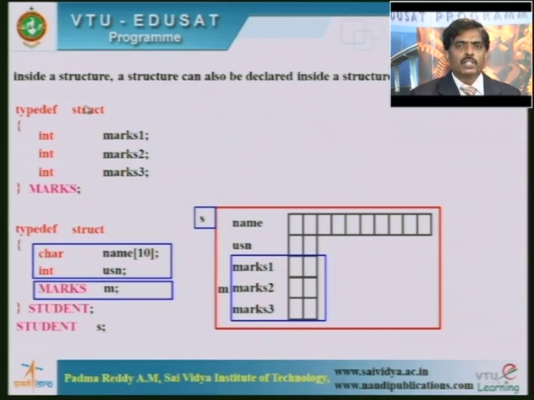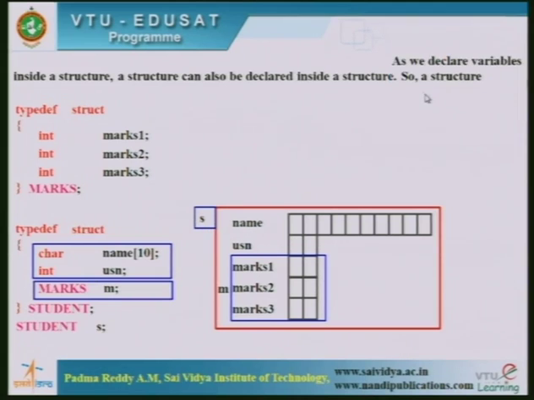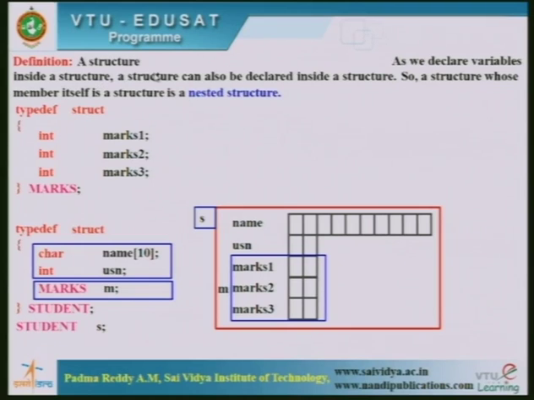Now let us look into the definition. A structure whose member itself is a structure is what? Nested structure. Look at the definition: a structure inside a structure is called a nested structure.